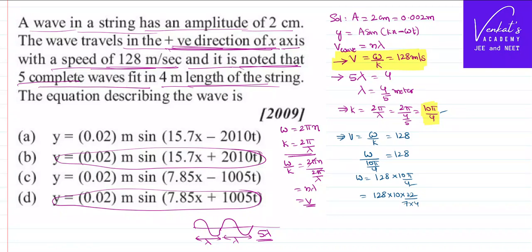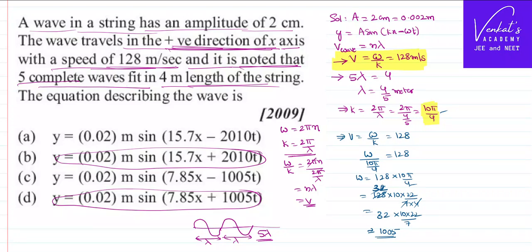If you try to simplify this, 4 threes are 12, 4 twos are 8, 7 fours are, 7 fives are 35, 32, so they won't get cancelled in any way. So what is remaining is, if you calculate, the value becomes close to 1005.